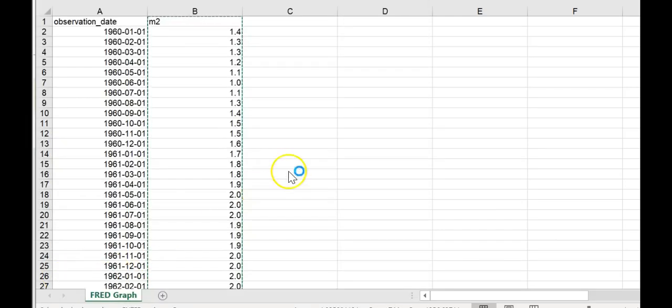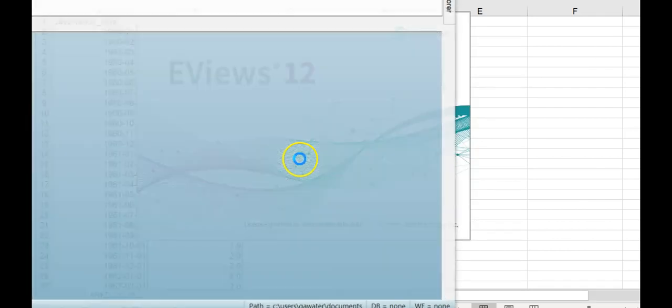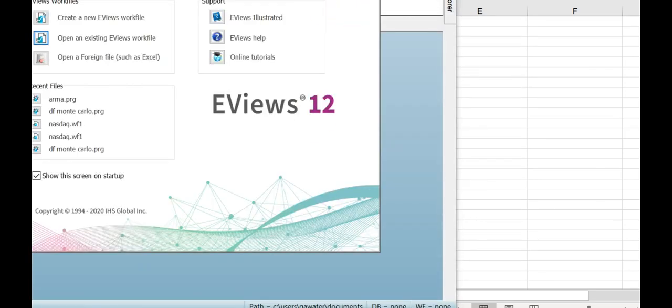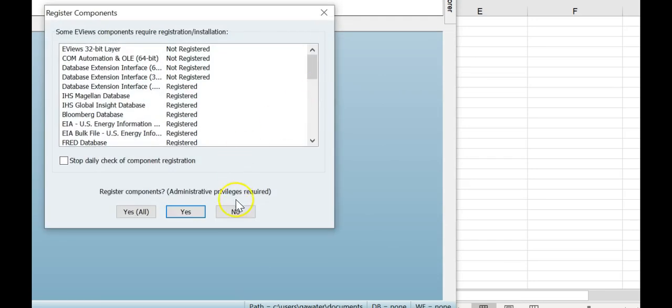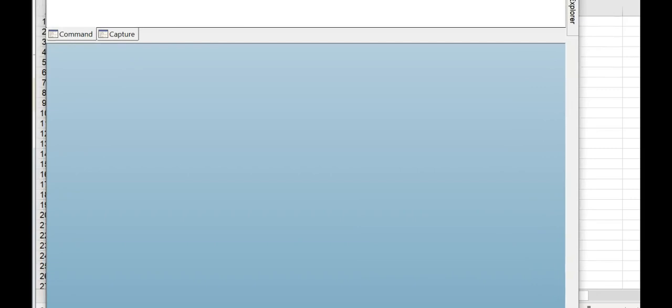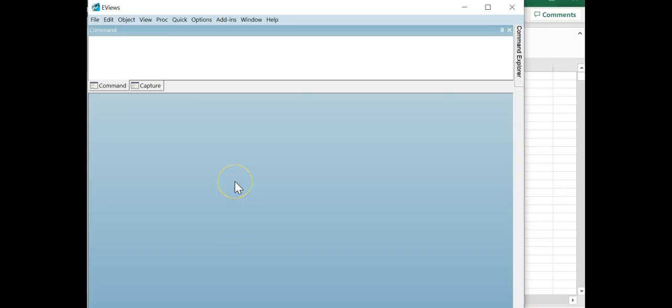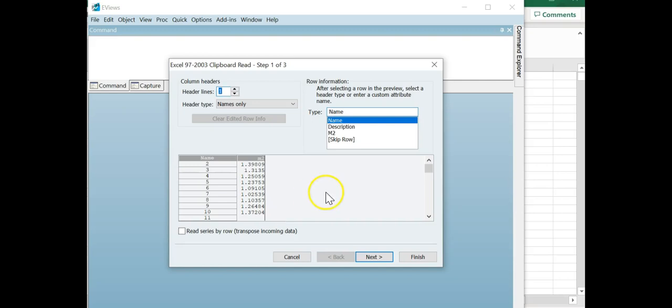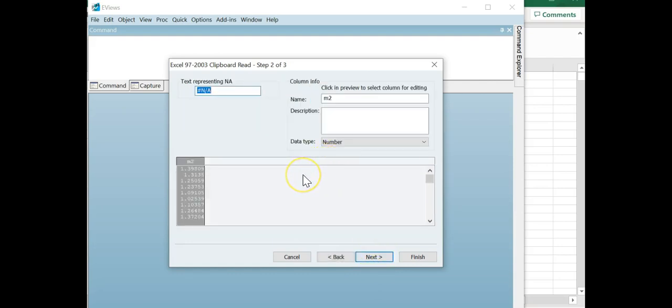Now let's open up Eviews here. The easy way to get data into Eviews is to just right click and you get this paste as new workfile. So M2.